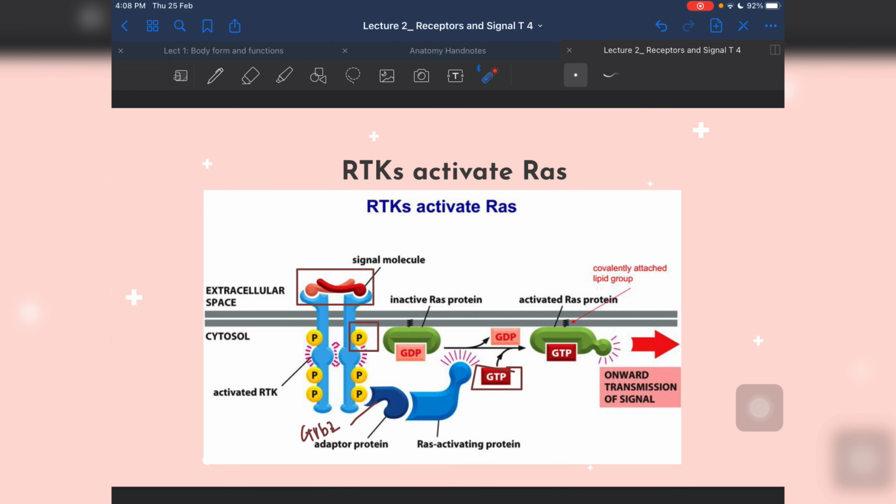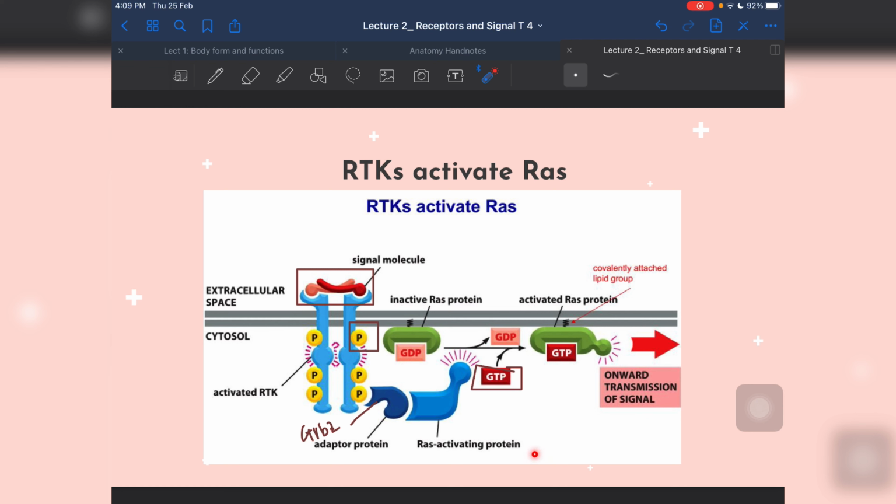Next, let us discuss how RTKs activate RAS. Firstly, the signal molecule will bind on the receptor domain, and after that, autophosphorylation will happen at the amino acid residues at the enzyme domain. As we can see here now, the amino acid is phosphorylated. Then here comes the adapter protein. If we are speaking in the context of growth factor just now, the adapter protein will be GRB2. And then a RAS activating protein will bind on the adapter protein.